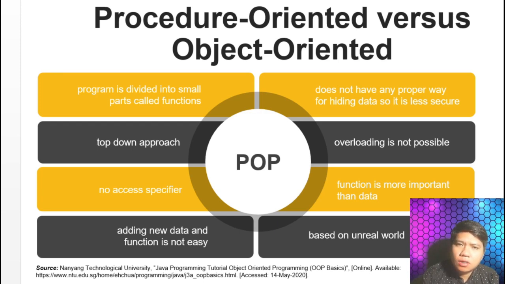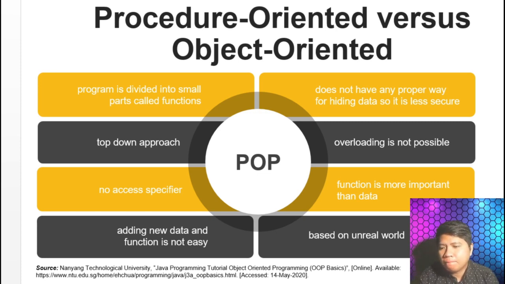So the use of private, public is not necessary in procedure-oriented because you only have one class. Function is more important than data in procedure-oriented. Adding new data and function is not easy, and it is based on unreal world. Again, unreal world because it is very difficult for you to make, for example, a computer soccer game out of procedure-oriented.